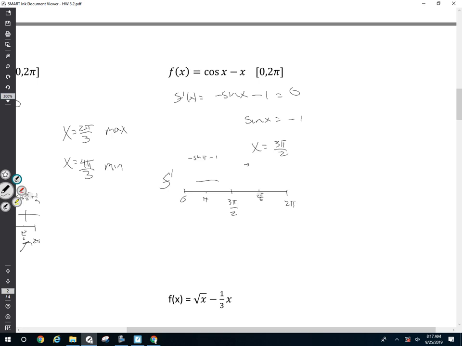Okay, negative sine of 11 pi over 6 minus 1. Sine of 11 pi over 6 is negative a half. So I have minus negative a half minus 1. That also is negative. What did I do wrong here?